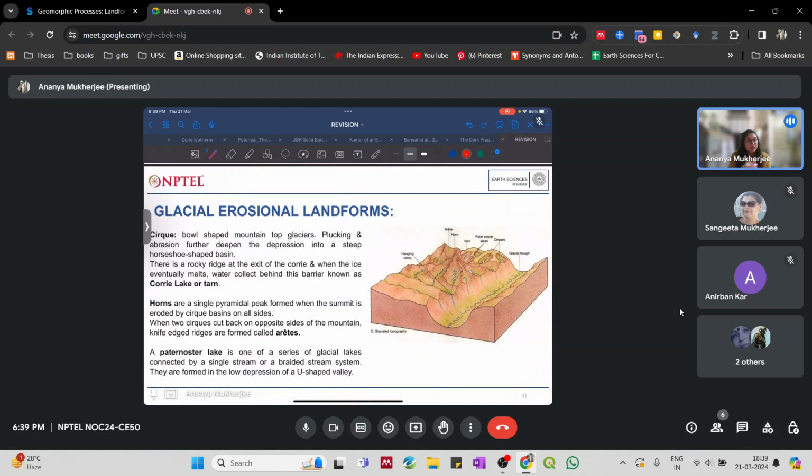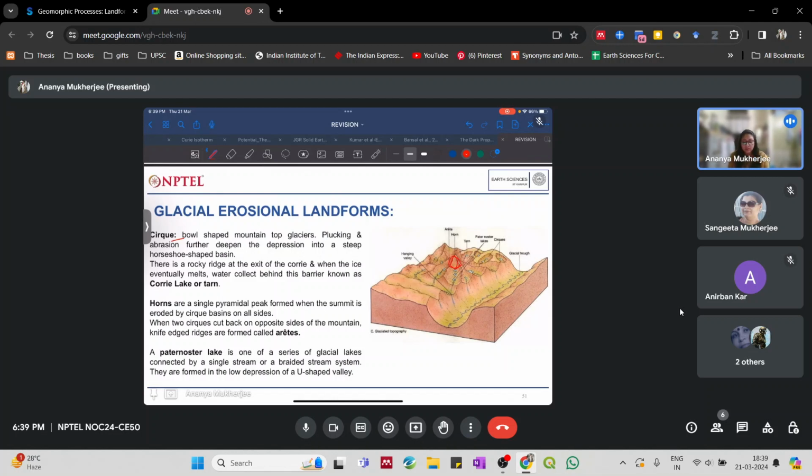So again, glaciers do erosional work, and as per the erosional work that they do, and the stages of the glaciers where these happen, you can have different kinds of features like cirques. Cirques are areas where the glacier is actually originating and then moves from there.